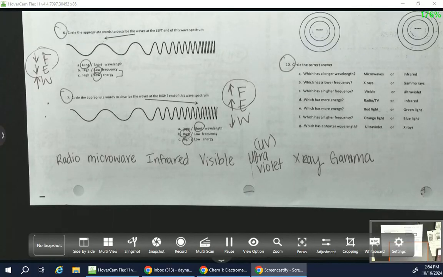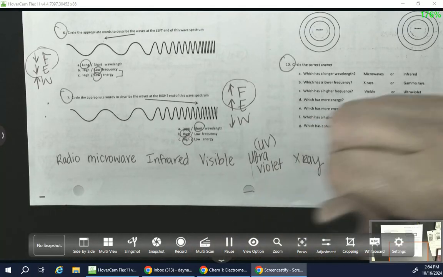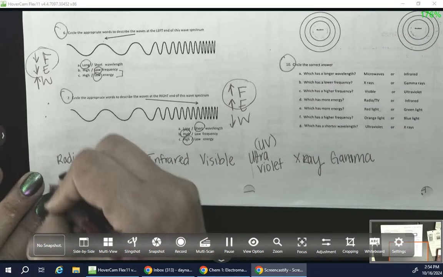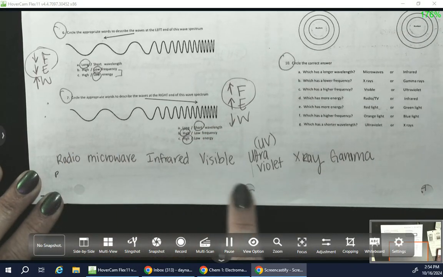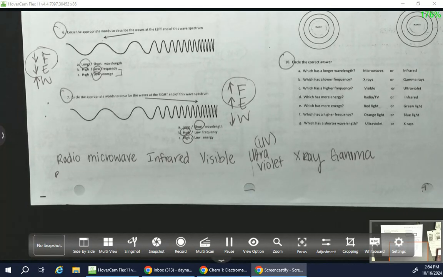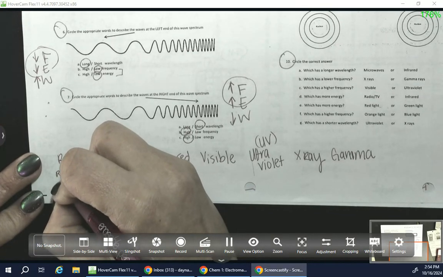back when I was in college, like years and years ago, when we had to for sure have it memorized, I've never forgotten it, but the saying that he told us to remember was rabbits mate in very unusual exotic gardens. All right, so I'm going to put the poster up, and that way it'll be there just in case.